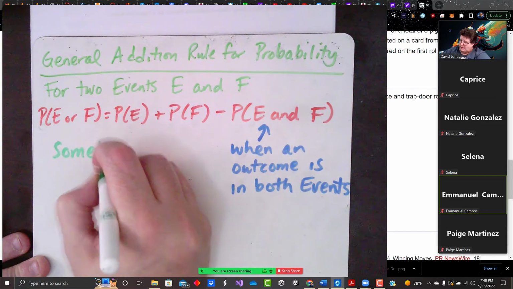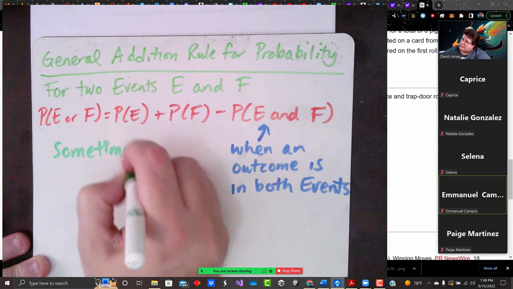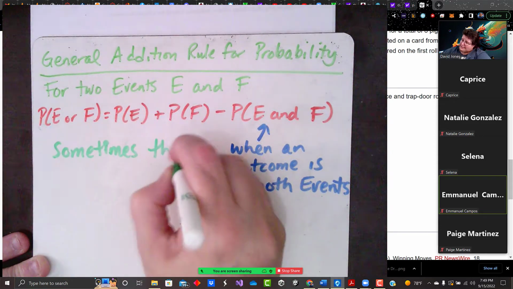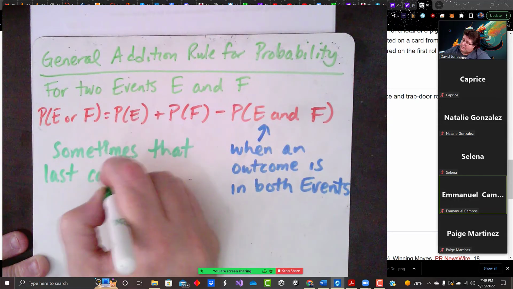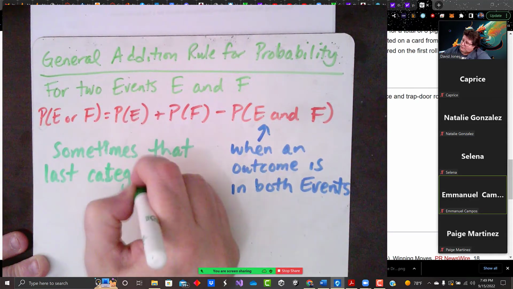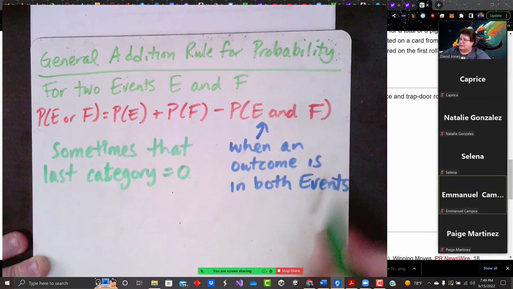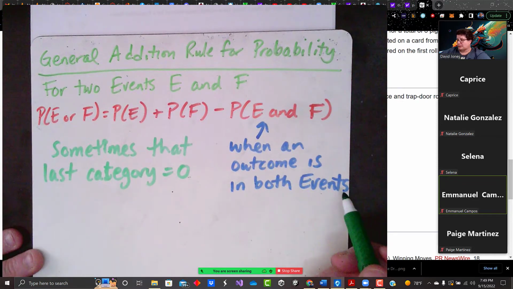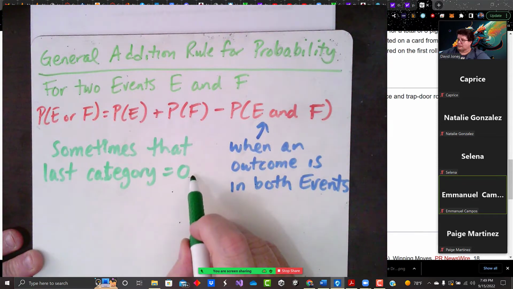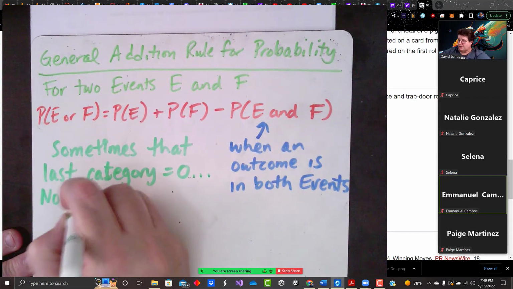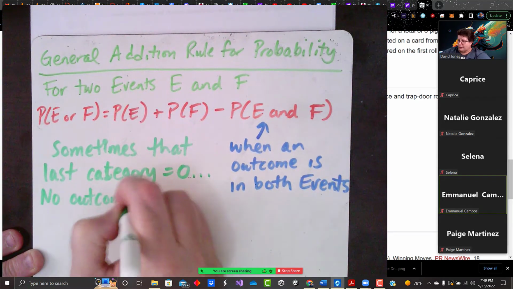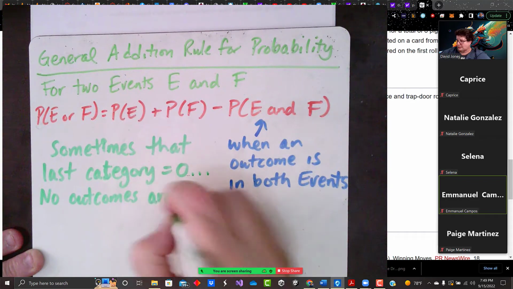Sometimes that last category is 0. Zero probability. This is when no outcomes are in more than one event.